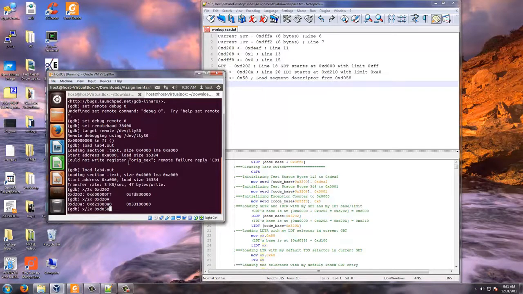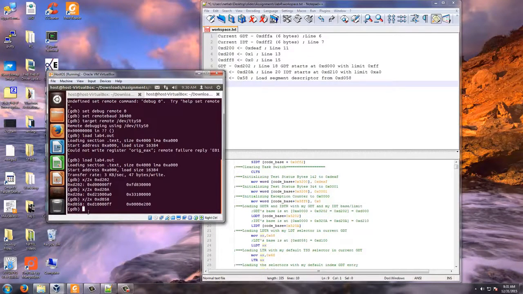And what is there at D058? Please note that this is giving me an LDT that starts at 0x D100 and of size 00 FF. Okay, right, and this E2 basically tells you that this is an LDT descriptor.